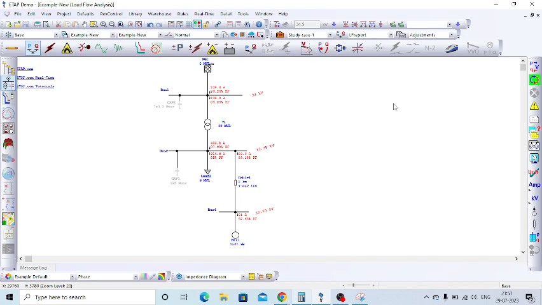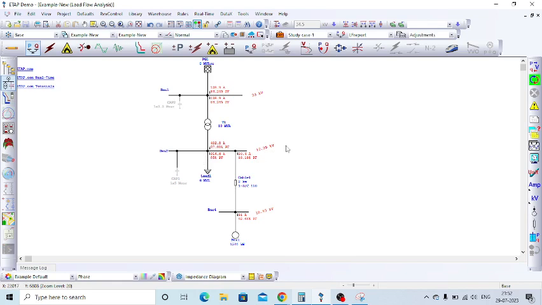Based on the bus voltage, it will give the command to the OLTC, that is the tap changer in the transformer, for the tap position change. Based on the command received from the RTCC, it will try to regulate the tap position, so that finally the bus voltage will be improved.